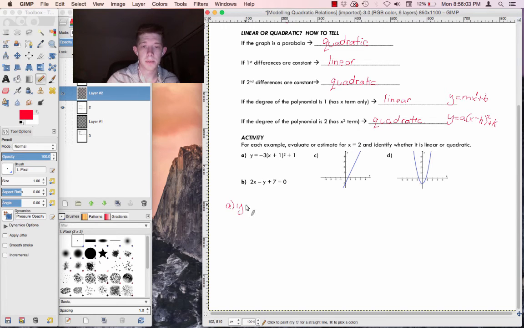We can go y is equal to negative 3, and I go 2 plus 1, and I put it to an exponent of 2 plus 1. So y is equal to negative 3, and this gives me 3, and it will be squared, plus 1.